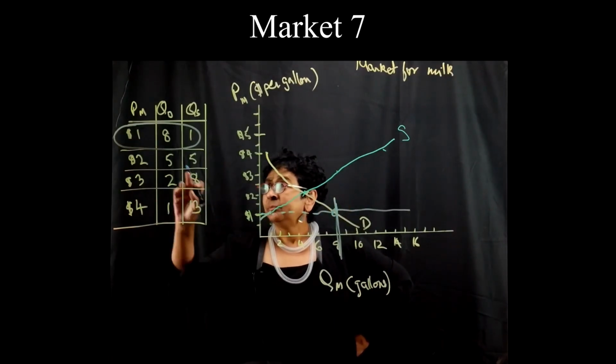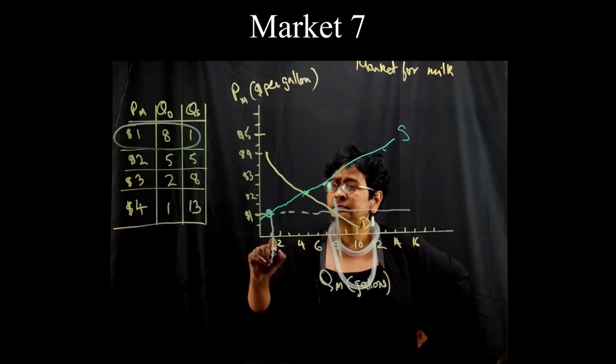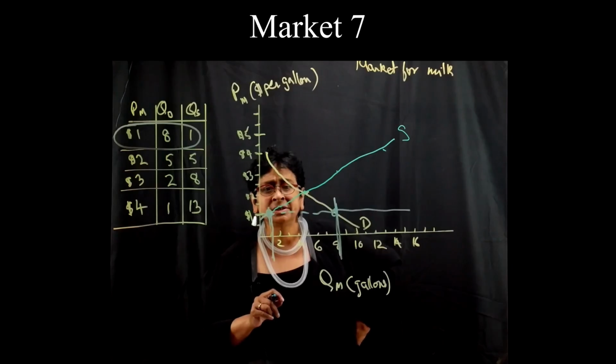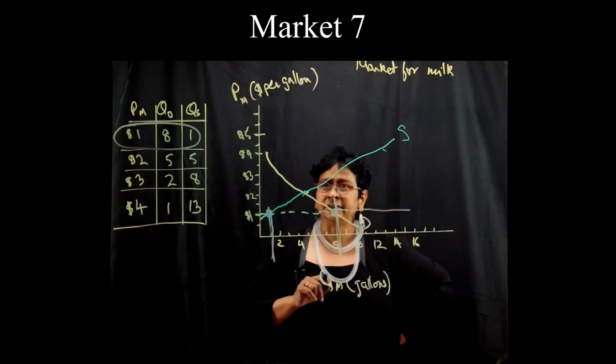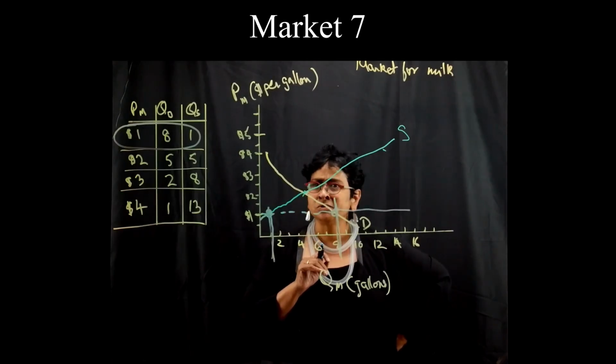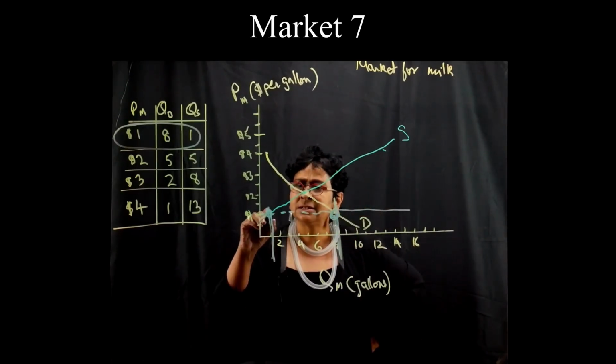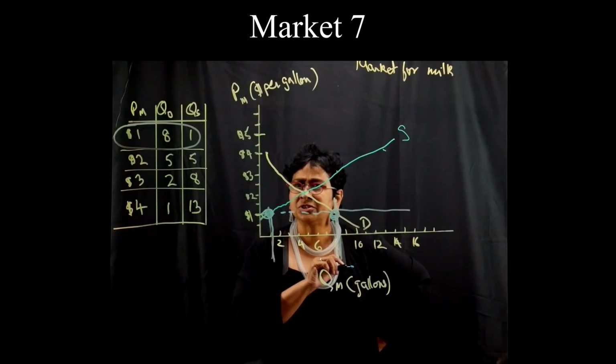But at the price of $1, suppliers only wish to sell 1 gallon of milk. Those decisions don't match. The consumer would like to buy 8. The supplier wishes to sell 1.